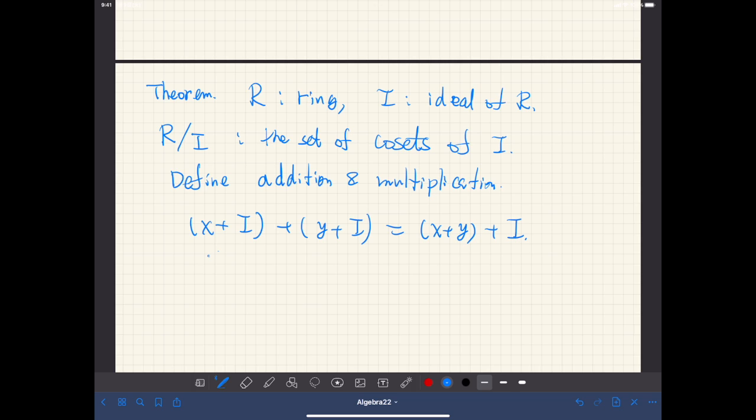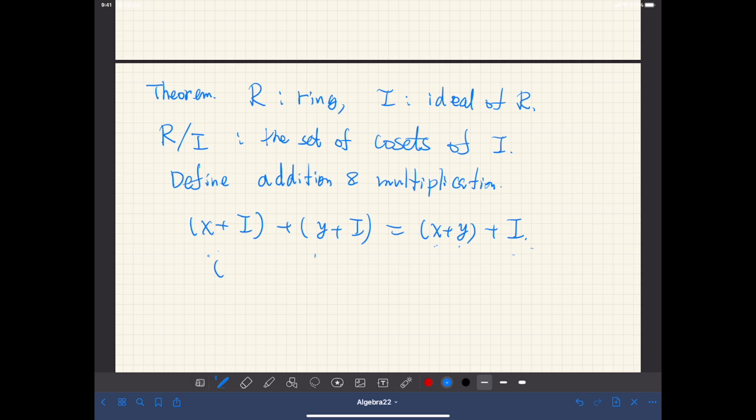If we add these two cosets, then we get this coset. x plus y is an element of R, so the result of this addition, we define it to be the coset containing the element x plus y.